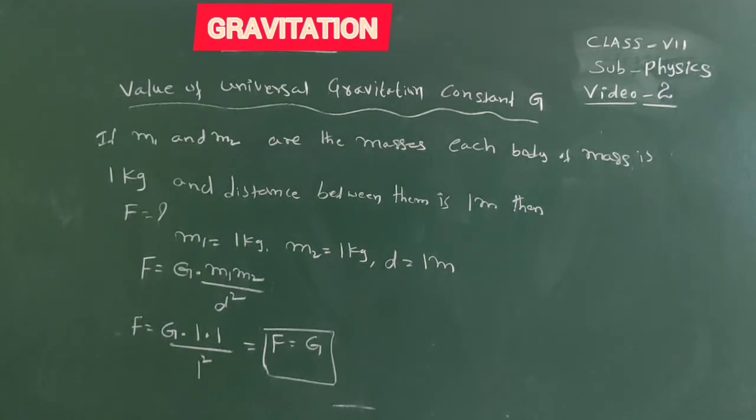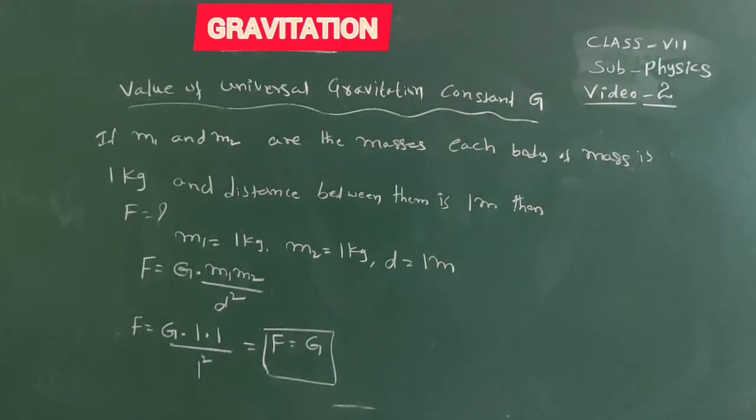Now, the value of G is from this statement: the gravitational constant G is numerically equal to the force when bodies of masses 1 kg and 1 kg are kept at a distance of 1 unit, that is 1 meter.